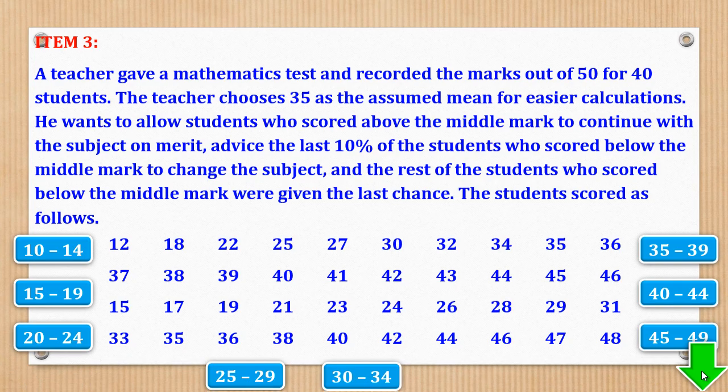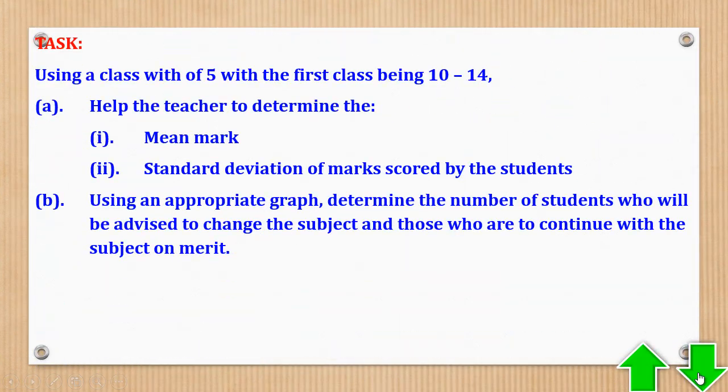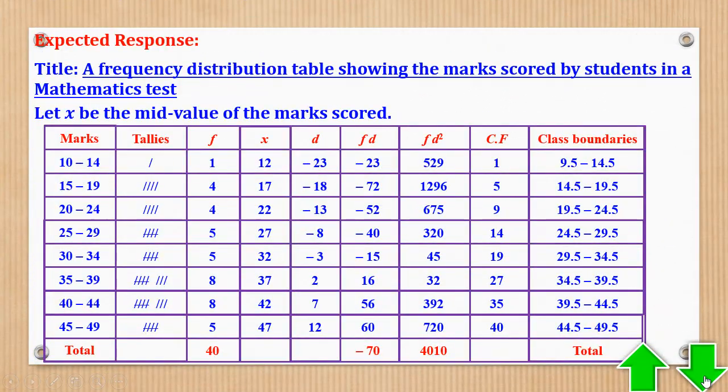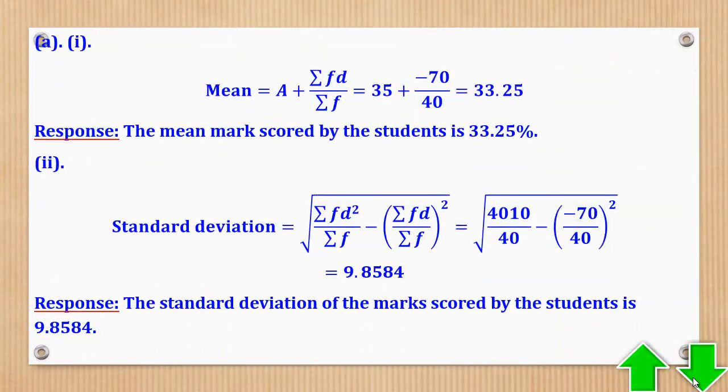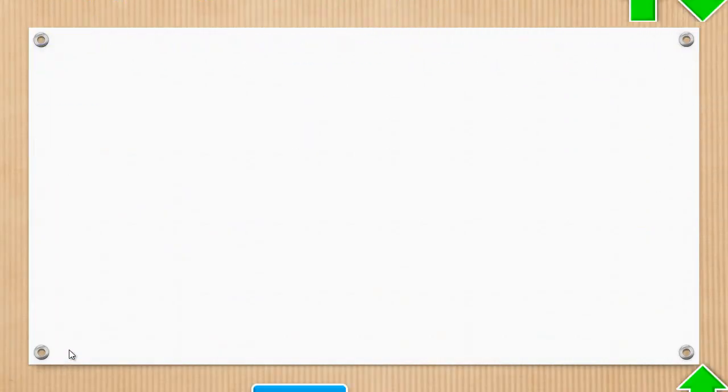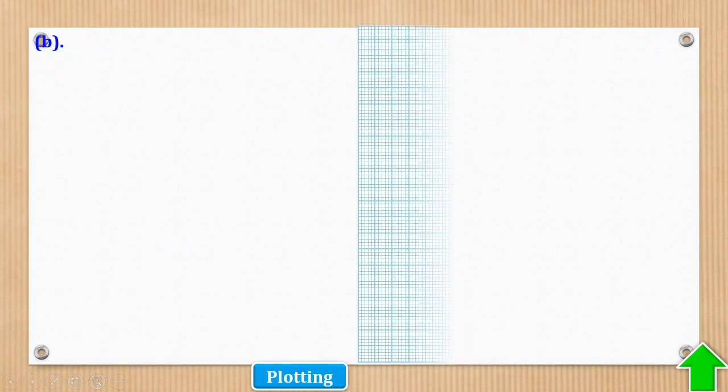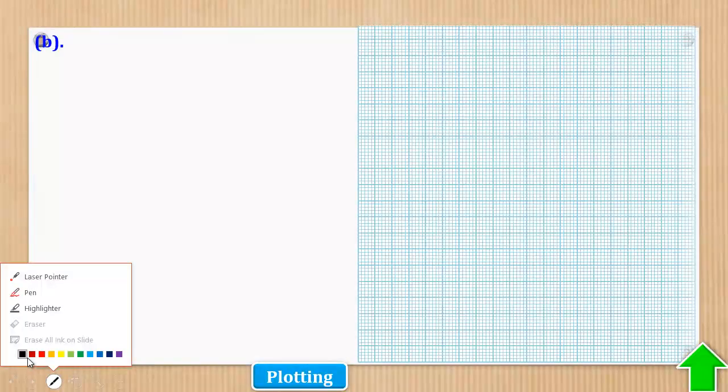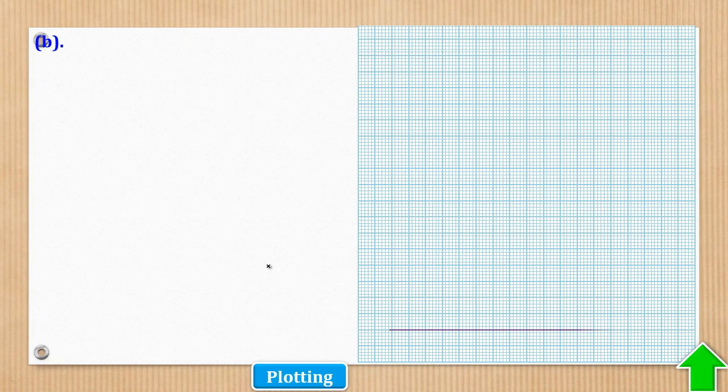So we shall come here and say, get the graph paper, draw the axes, horizontal and vertical. Put intervals of 2 to 3 meters on the horizontal and get an appropriate scale starting from the lower class boundary.